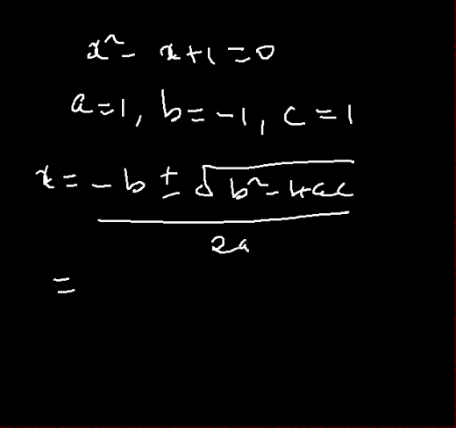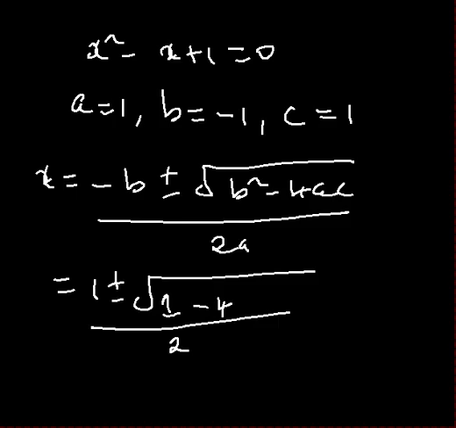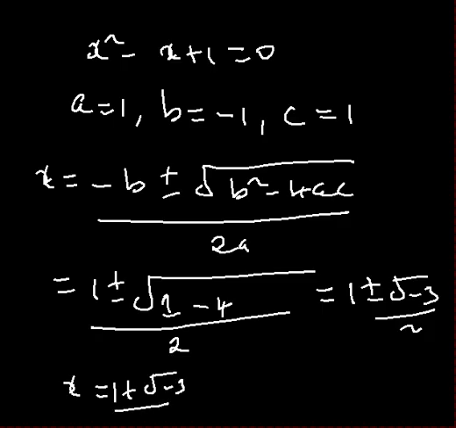So we have negative negative 1, that is 1, plus or minus the square root of b squared, that is 1, minus 4 times ac, that is minus 4, divided by 2. This is the same as 1 plus or minus the square root of negative 3 divided by 2.